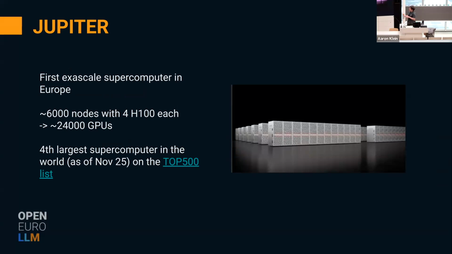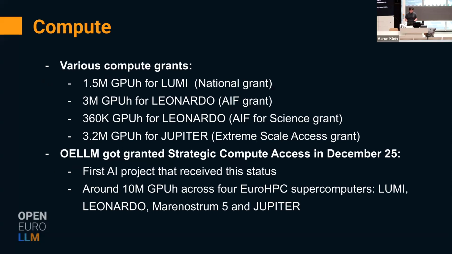As I said, it's an exascale supercomputer, and according to this list here, it's the 4th largest supercomputer in the world. What does it mean? Just to give you some ballpark, it has like 6,000 nodes, where each node has 4 H100 GPUs, which corresponds to like 24,000 GPUs. So it's a very large machine.